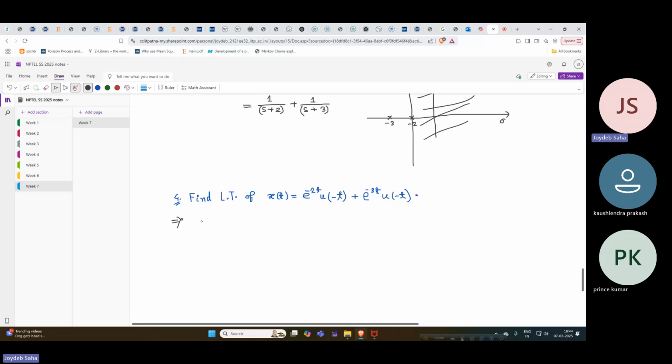So let us try to solve this. Again we will break it.